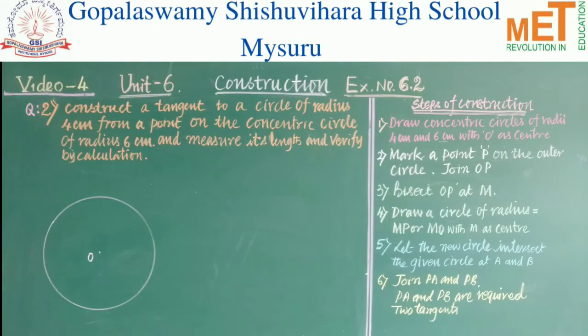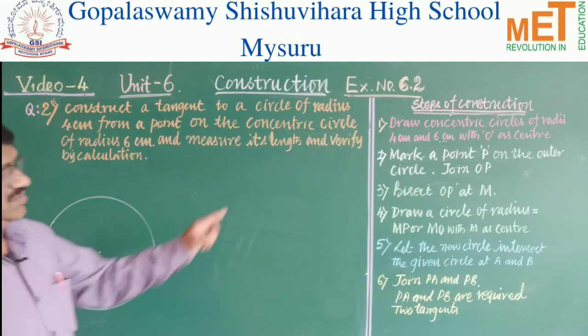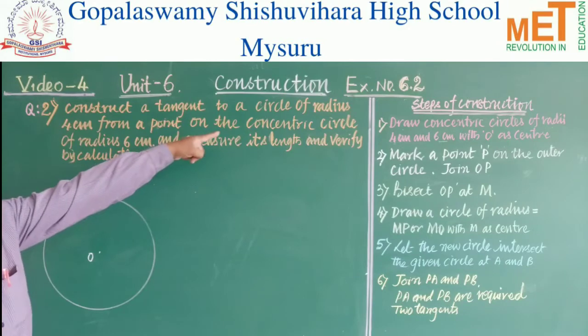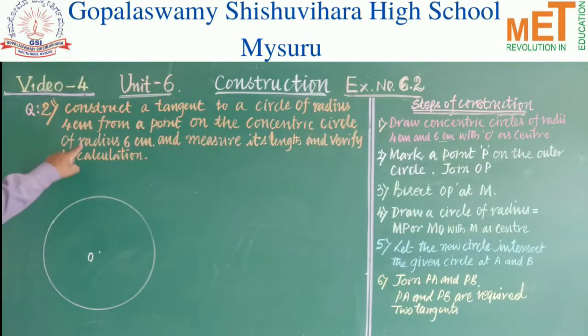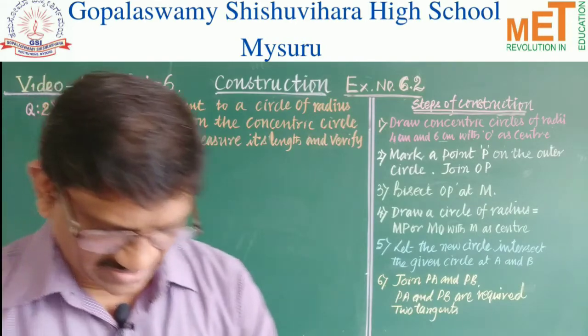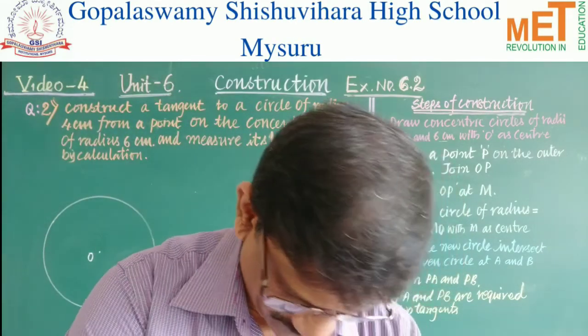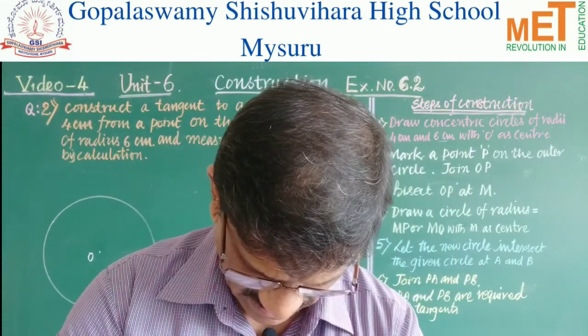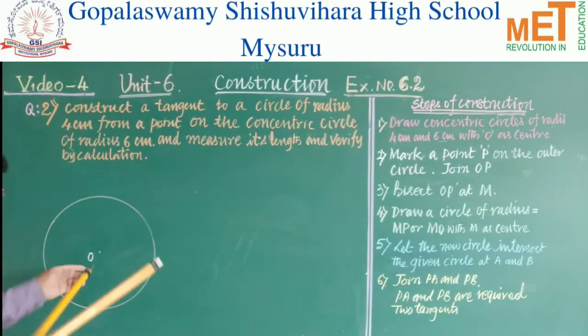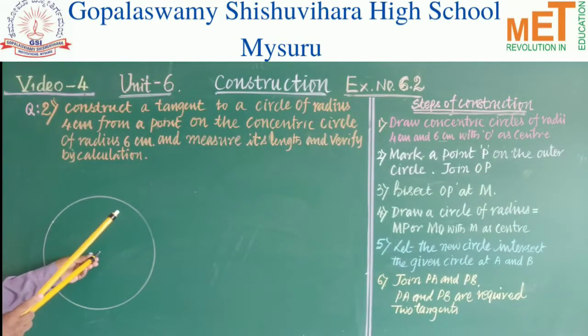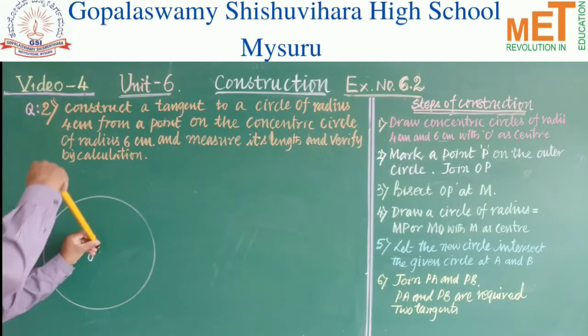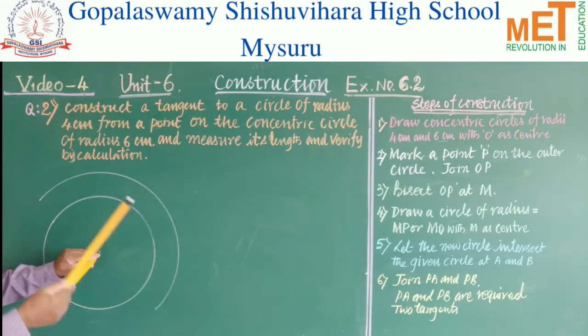Next, another circle we have to draw, that is of radius 6 centimeter. Take 6 centimeter radius in the compasses. With O as a center, draw the circle.